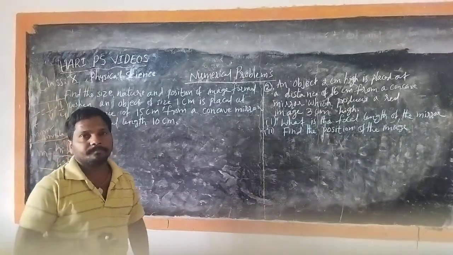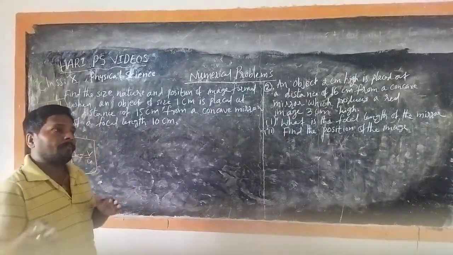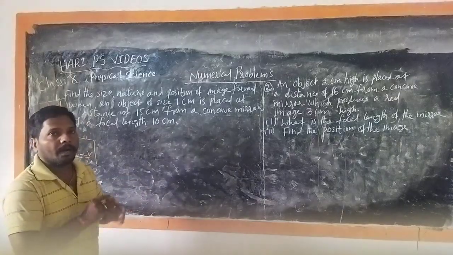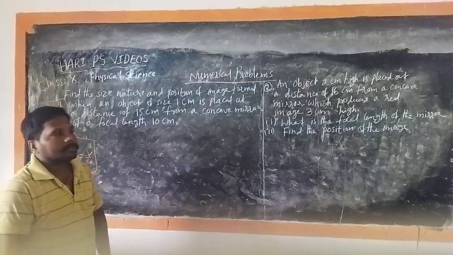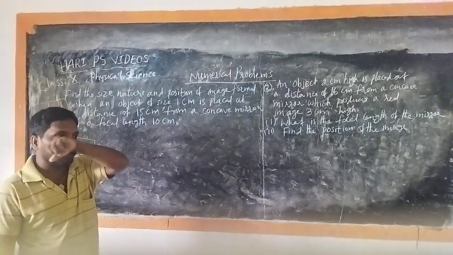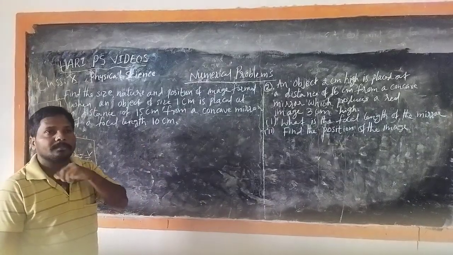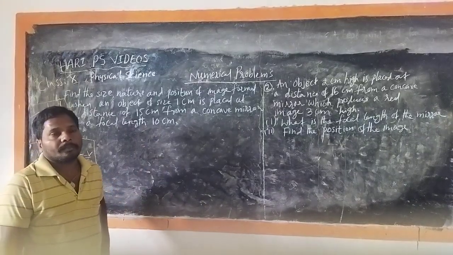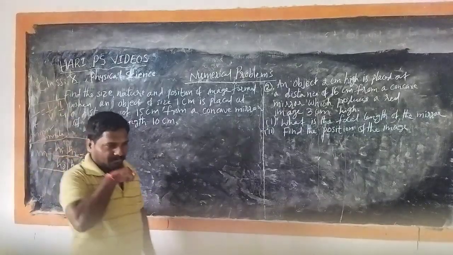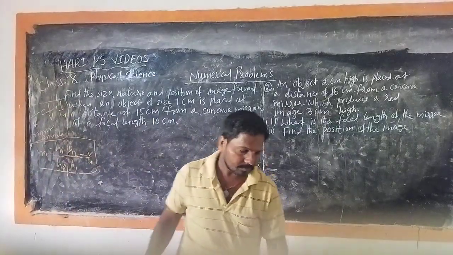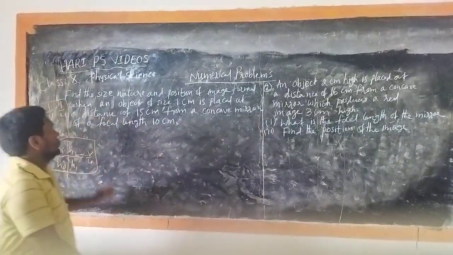Understand what values are given and what you have to find. Just by reading only one time and then solving the problem, sometimes you get the wrong answer. So read the problem first.